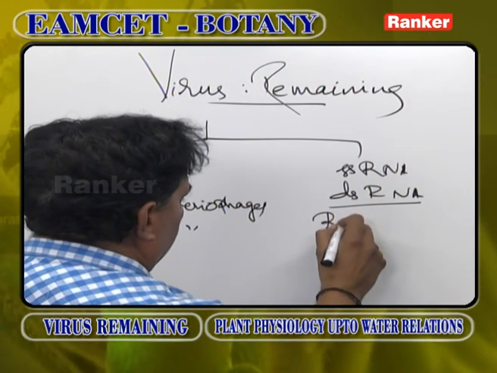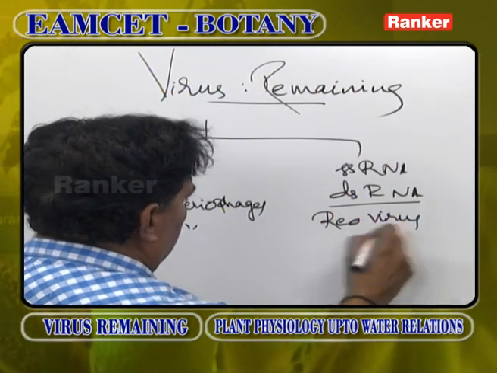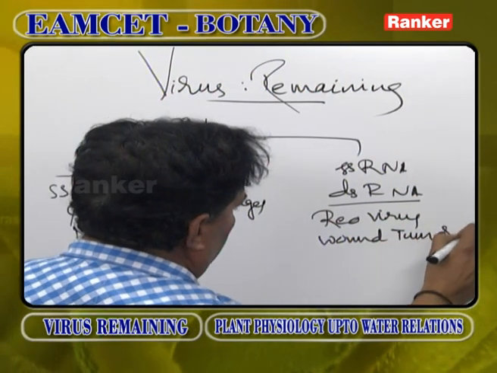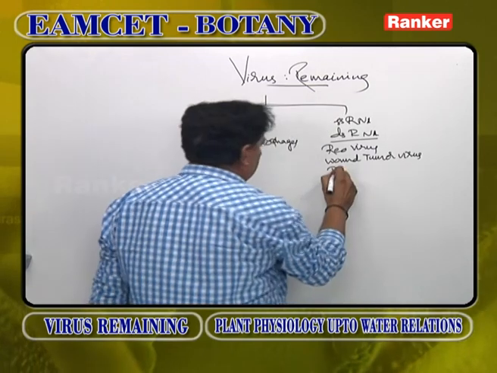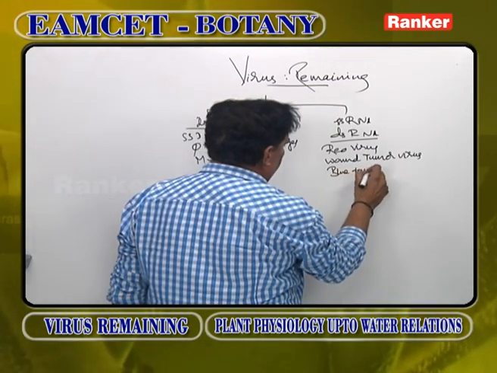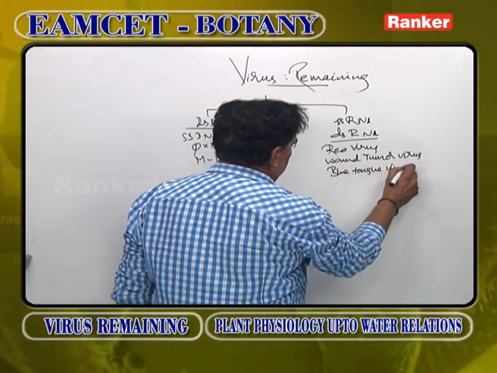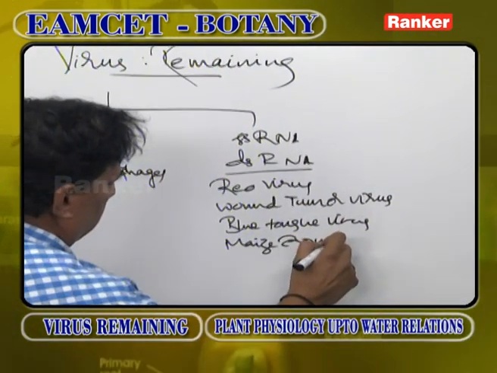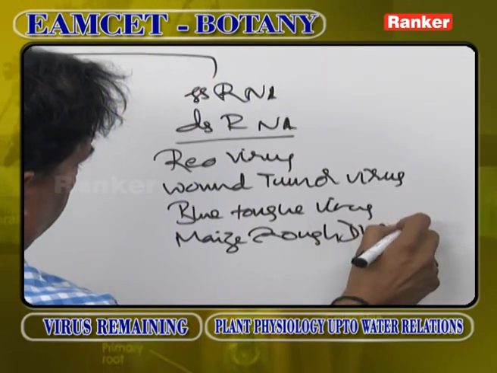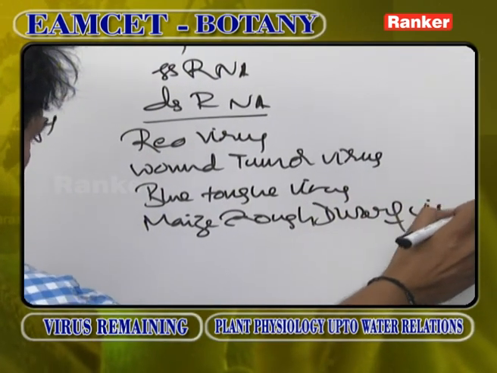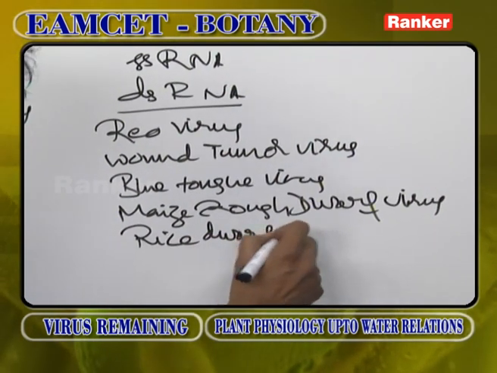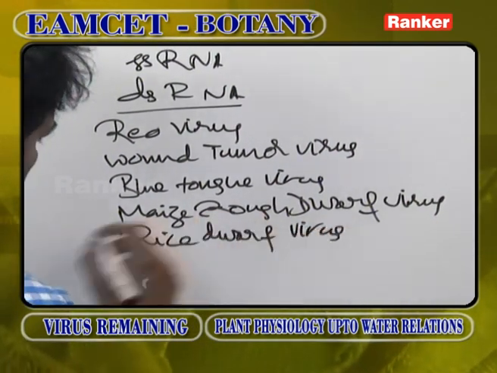They are reovirus, wound tumor virus, blue tongue virus, maize rough dwarf virus, rice dwarf virus and others.